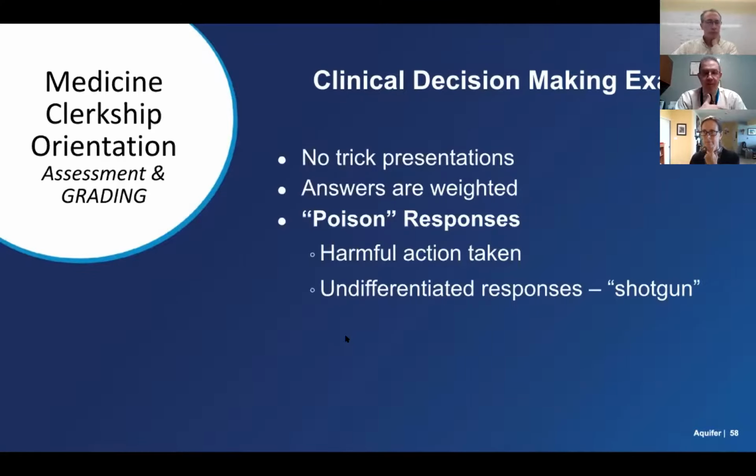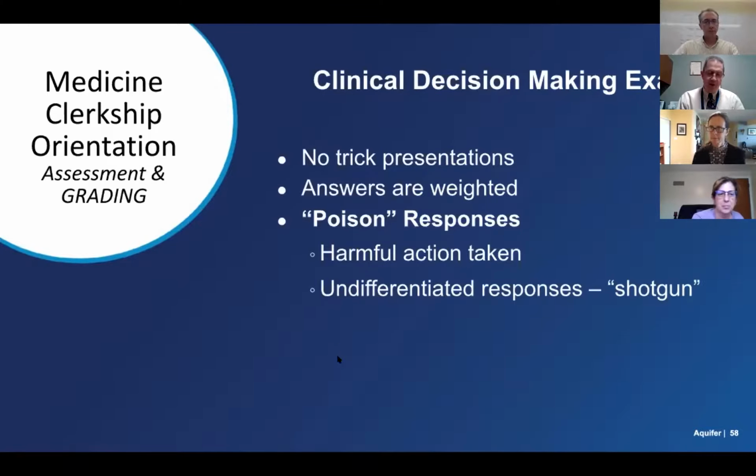And if they happen to choose that in their selections, even if they choose all the right answers and the key answers, if they choose that CT scan with contrast, they will get 0 because they chose to do something that was harmful. The reason they do this is because when they say choose up to 5 or choose only 5, they're trying to limit shotgunning, where they can check off 10 or 15 answers.